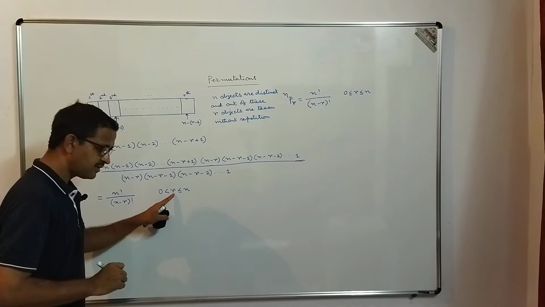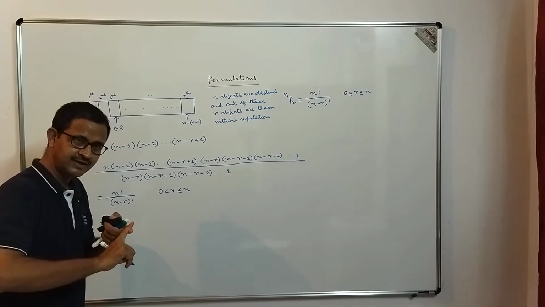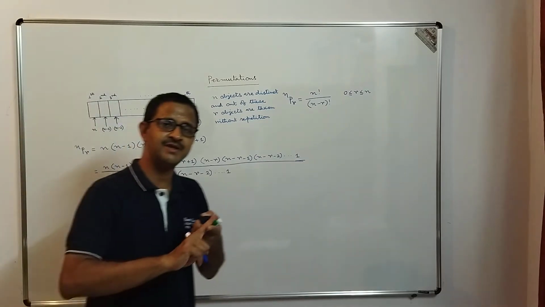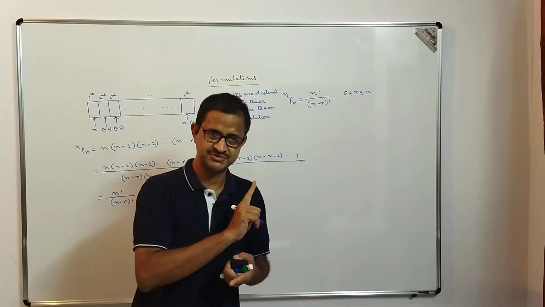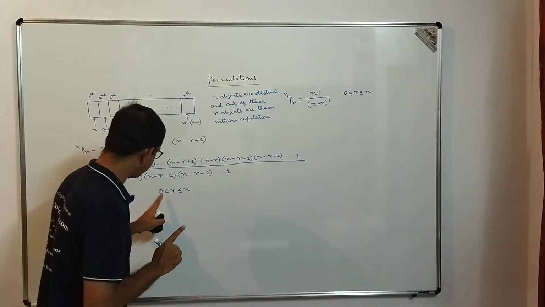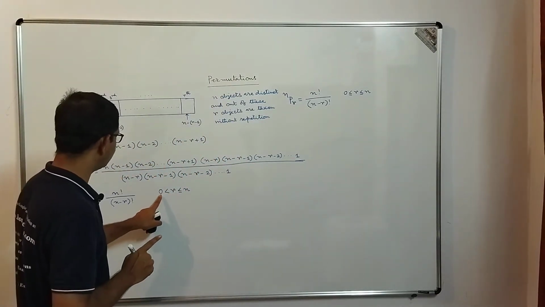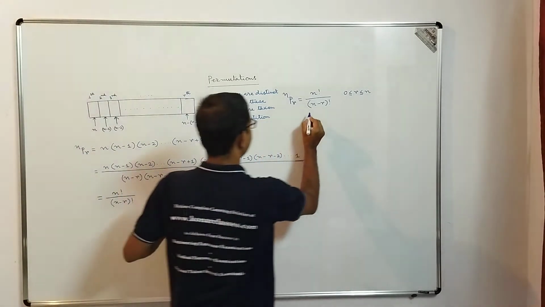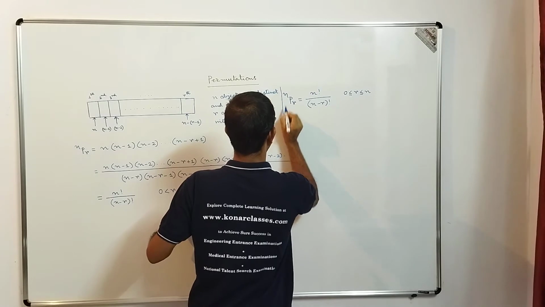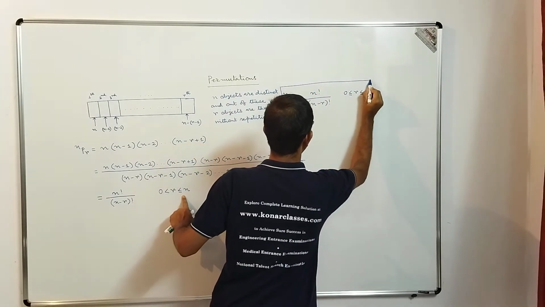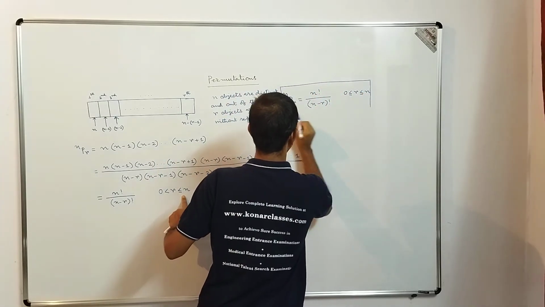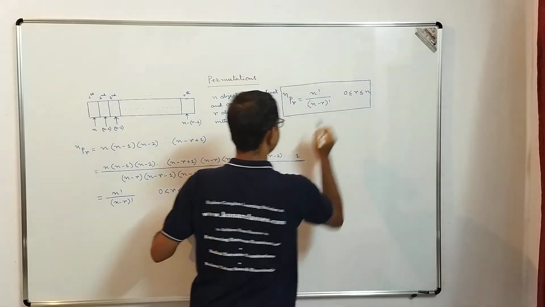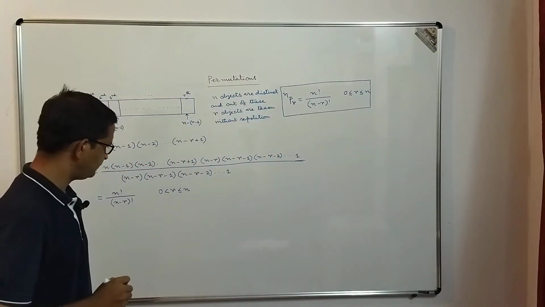Because r has to be greater than 0, it means at least one object has to be taken. So that is why 0 less than r less than or equal to n. But what is our formula? Our formula says nPr is equal to factorial n by factorial n minus r, where 0 less than or equal to r less than or equal to n.